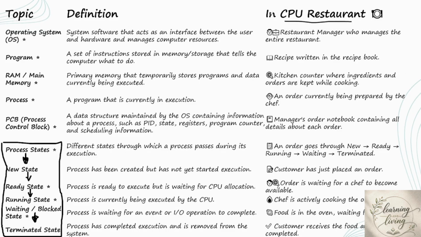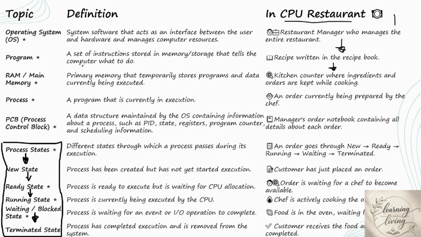So you can just go through the same definitions we have discussed by comparing them with the CPU restaurant. We discussed a program, that is a recipe, and RAM is nothing but the kitchen counter.